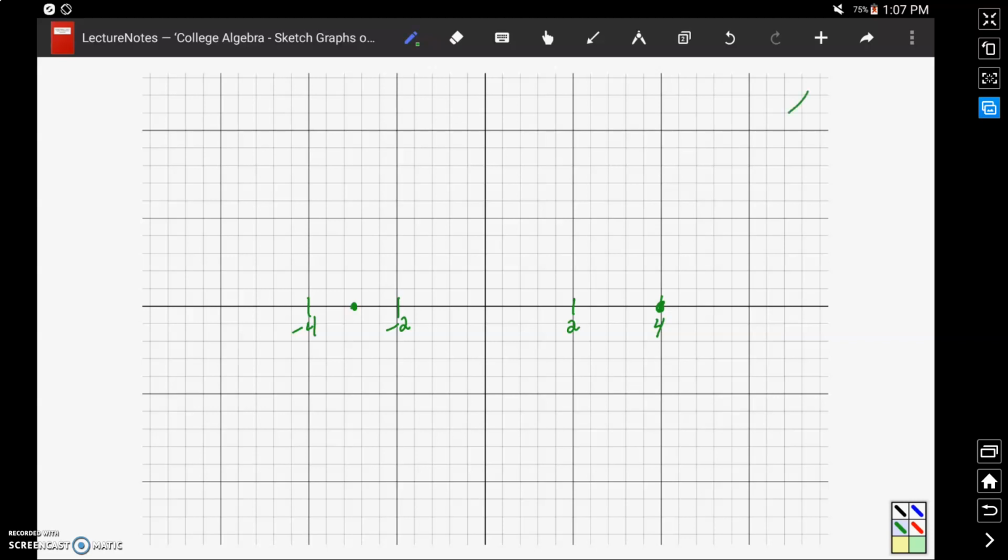We know that our end behavior is headed off to positive infinity at both ends. And we have a y-intercept at 144, which is a little bit less than halfway between 100 and 200, so we'll plot that about there. So this means that our curve has to hit this y-intercept.